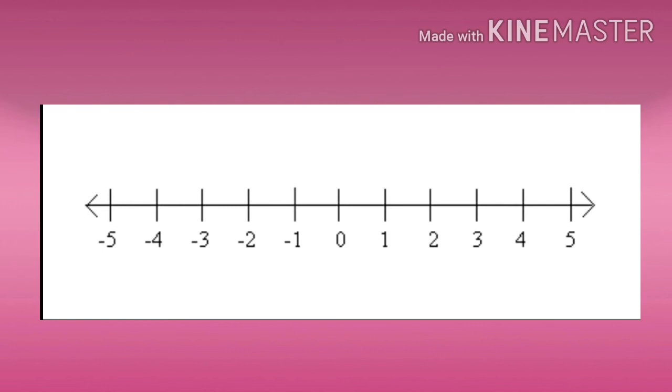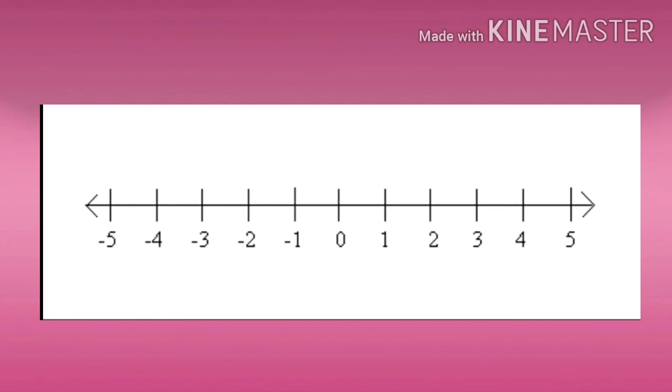So now we are going to understand how to represent an irrational number on a number line. In this number line, you can understand natural numbers are there, whole numbers are there, negative numbers are there. Between these, you can find rational numbers also.